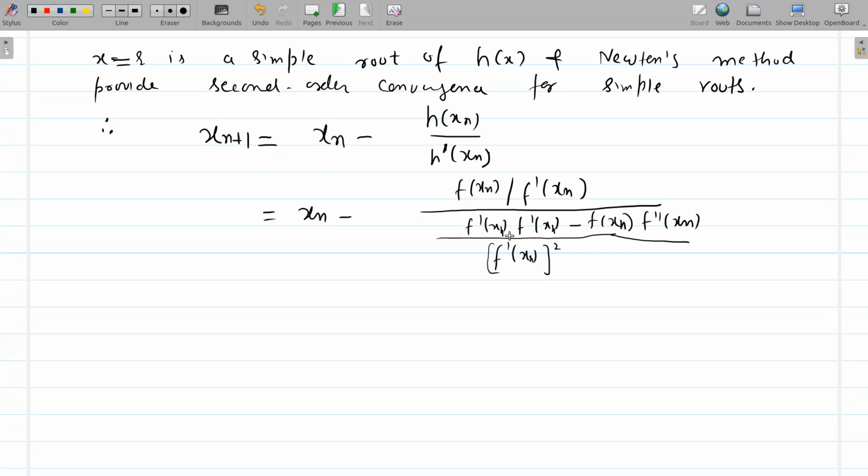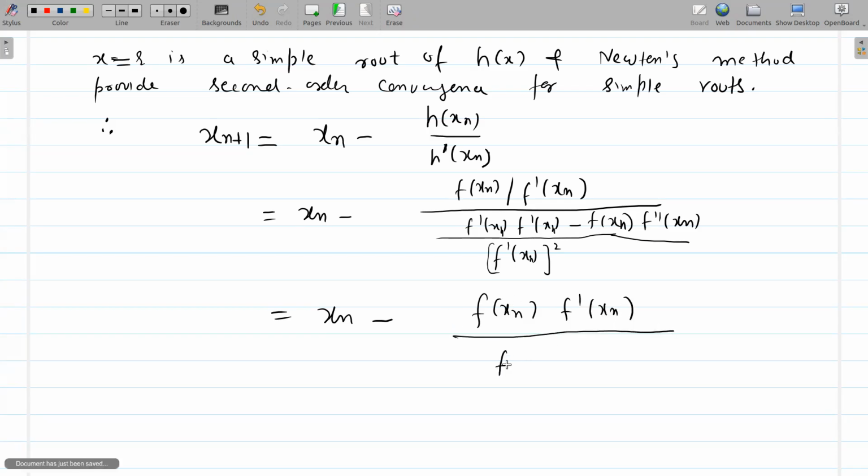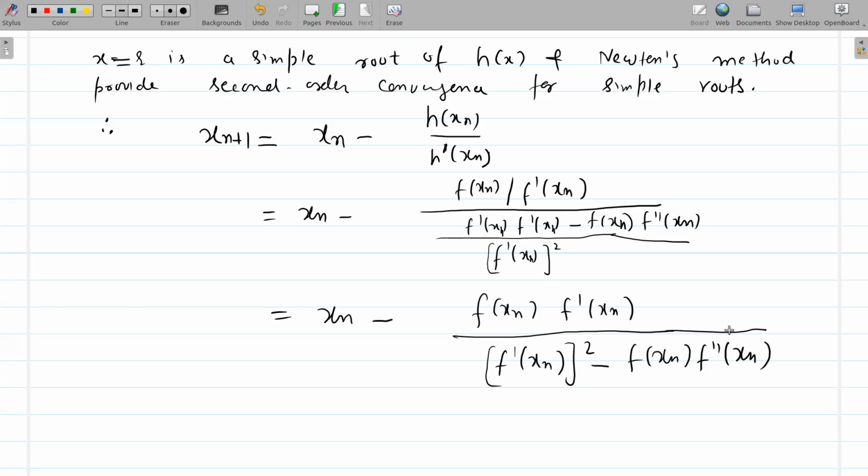This is the derivative of f by f dash. If you simplify a bit, this is f(xn) f dash (xn), divided by f dash (xn) square minus f(xn) f double dash (xn). You can remember it in short: g is x minus f f dash, divided by f dash square minus f f double dash.